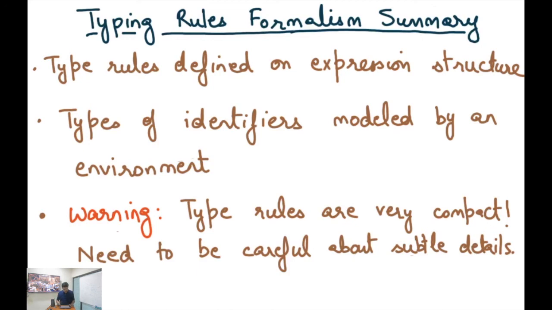All right. So while being compact is a good thing because it makes things shorter and easier to communicate, they also require more effort to read, and so that's something one has to be careful about.